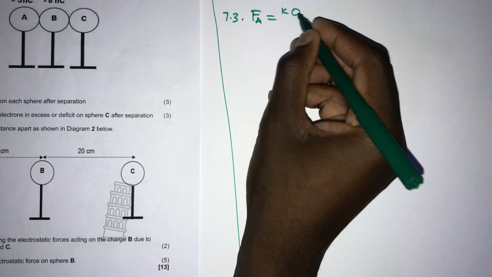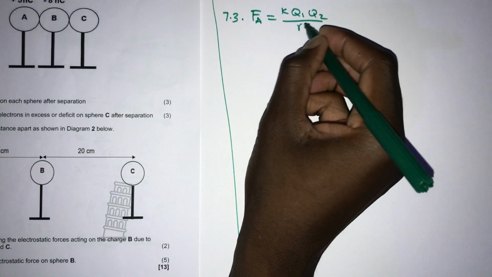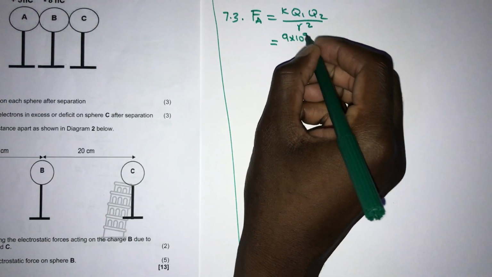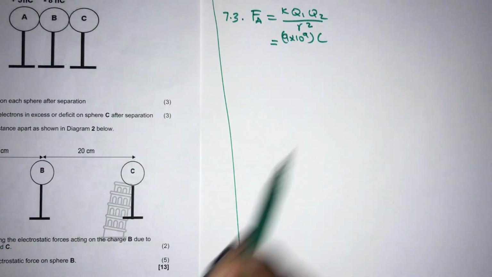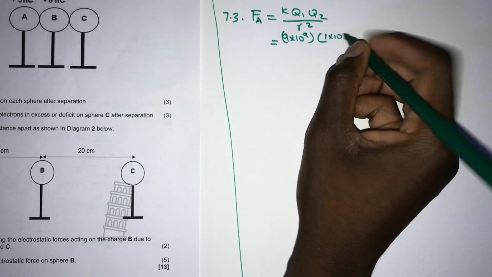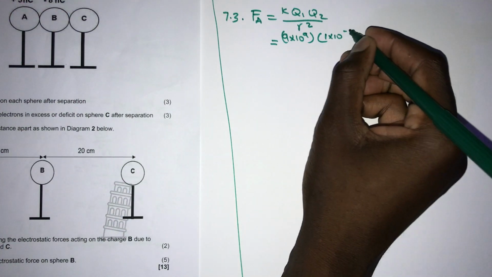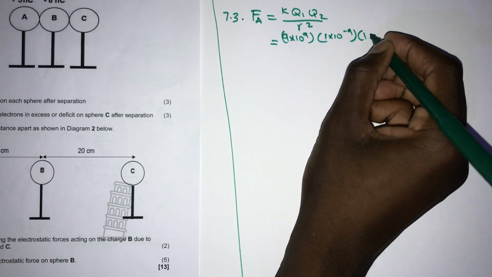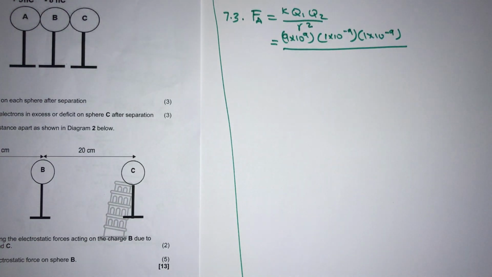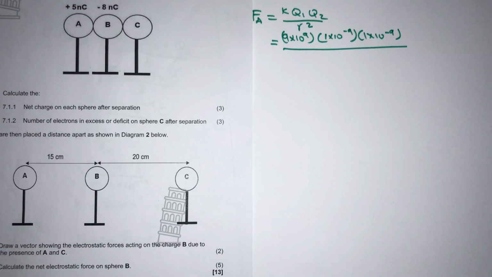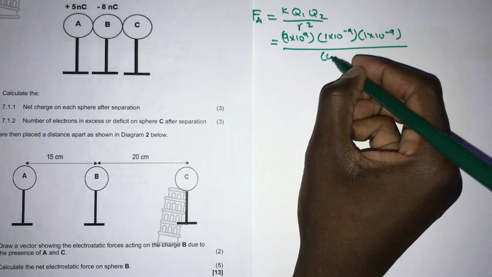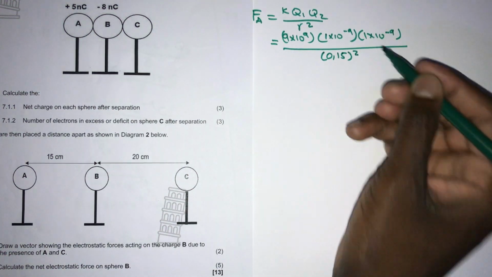So this is K Q1 Q2 over R squared. K is a constant, 9 times 10 to the power 9. The charge on sphere A, since they have the same charge, is 1 times 10 to the negative 9, remember, we ignore the negative. Even the second one, 1 times 10 to the power negative 9. And then we divide. The distance between A and B is 15 centimeters, which gives 0.15 when you divide by 100.